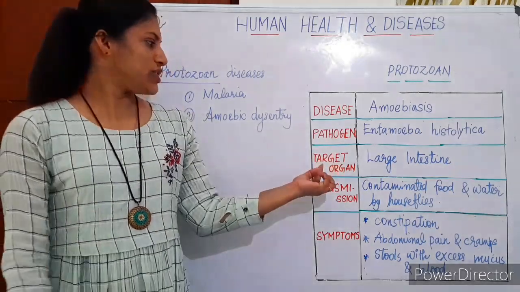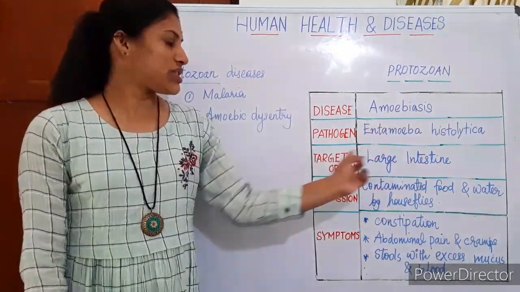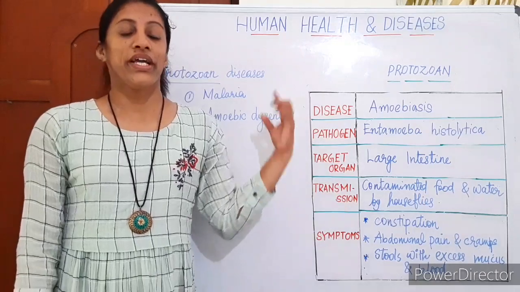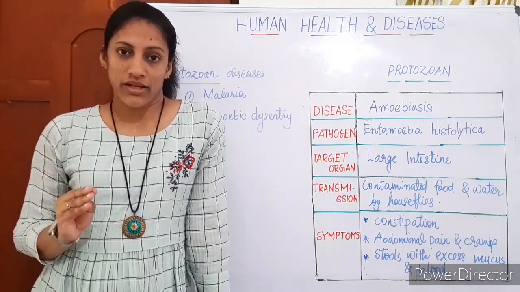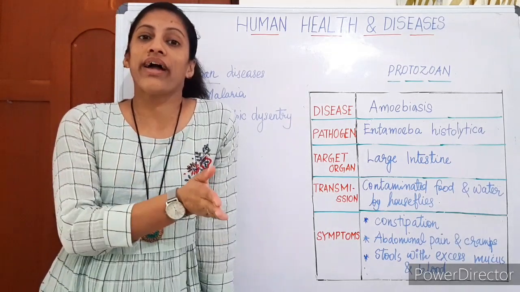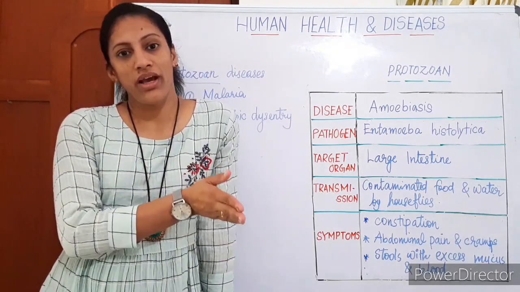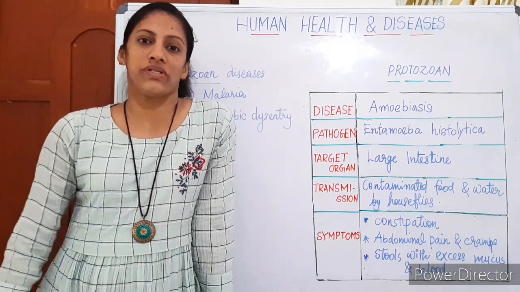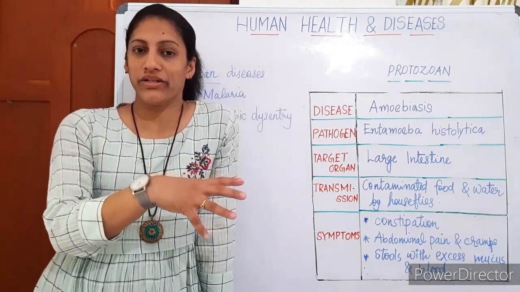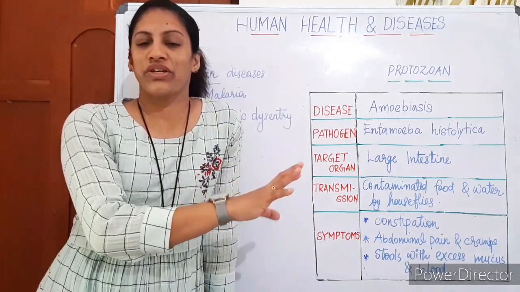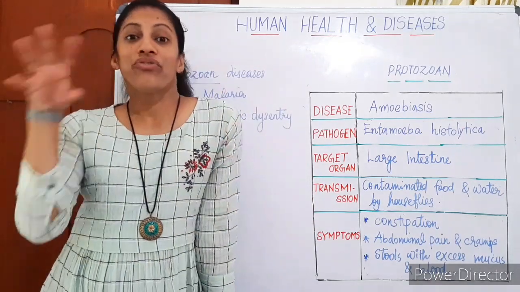Anyway, just understand the transmission. Its target organ is the large intestine. Its transmission is by houseflies, which have contact with the fecal matter of the patient. The houseflies act as mechanical carriers from the deposited fecal matter to the food items.